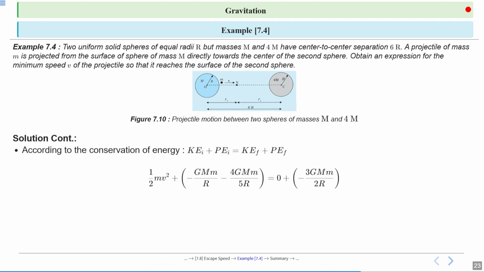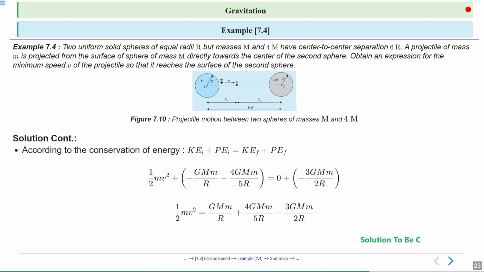So now let's substitute the expressions for kinetic energy and potential energy into our expression. It will be 1 by 2 mv square plus minus GMm divided by r minus 4GMm divided by 5r is equal to 0 plus minus 3GMm divided by 2r. Solving this, you will get 1 by 2 mv square is equal to GMm divided by r plus 4GMm divided by 5r minus 3GMm divided by 2r.